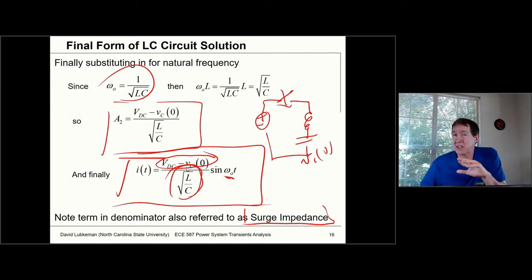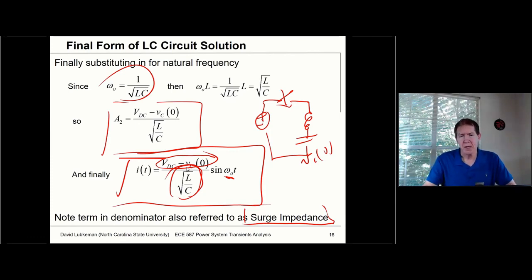Well, 10 kilohertz compared to 60 hertz makes the 60 hertz source almost look like it's DC. That's a common assumption when you're looking at these transients: sometimes you just model the AC source like it's DC if the transient ringing frequency is high enough.